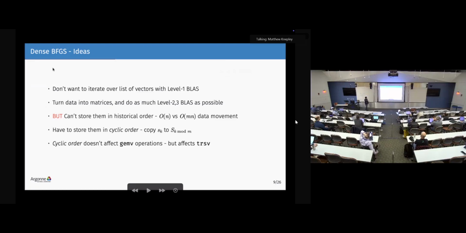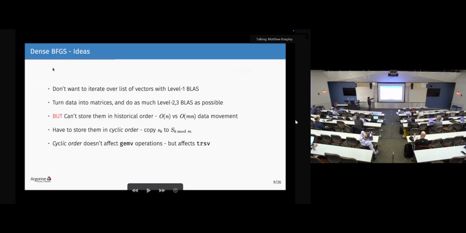it can be rather tricky because you can't really store them in historical order. With vectors, you don't really care because you just need to maintain the indices. But for matrices, if you store in historical order, that would be order m times n every time you update, instead of order n when you store in non-historical order.